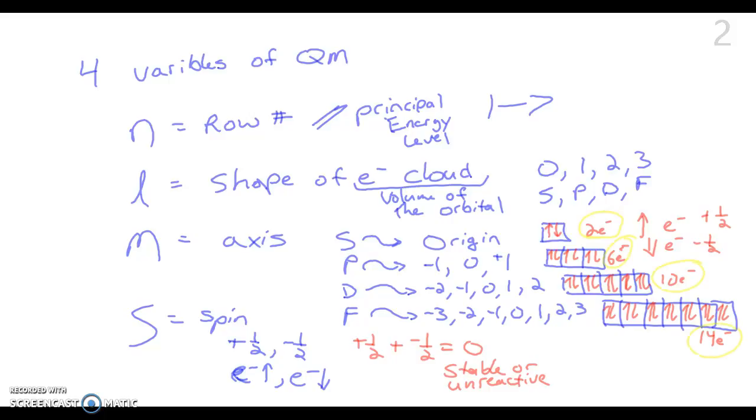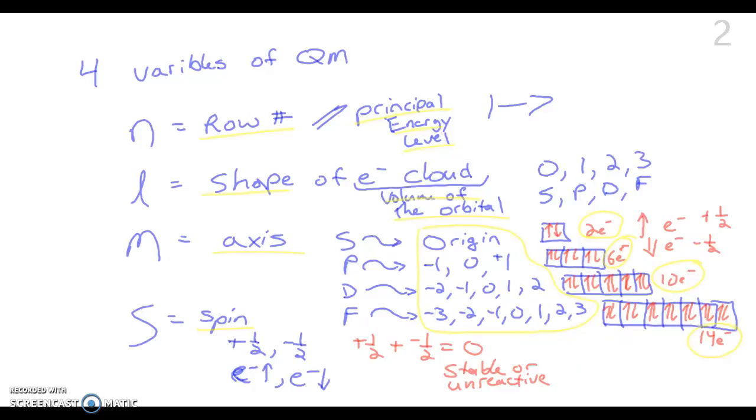There we go. Perfect. So those are our 4 values, and they tell us a few things. Again, just a quick review. The N tells us the row number, or the principal energy level. L stands for the shape of the volume of the orbital. M stands for axis, which tells us how many values we have. And S stands for our spin.